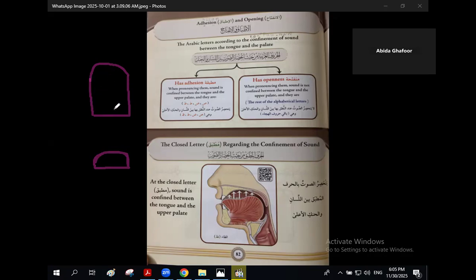When I talk here, the sound will go up and come back, go up and come back more than one time. This is what we call the echo, and this is what makes the letter mufakham, because the sound is directed to the dome of the room. It goes, comes back, goes and comes back. This will cause echo to happen.